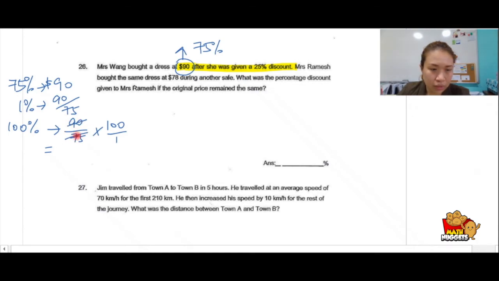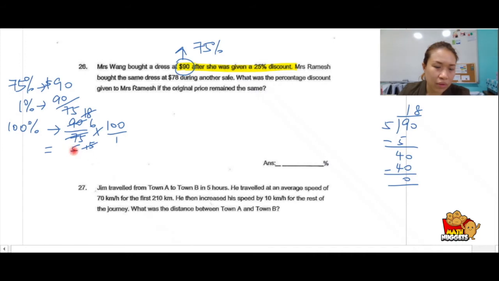So we can divide by 5, this is 15. Divide by 3, this is 6. Divide by 3, this is 5. So I divide by 5, this is 120. So 120 is the original price.